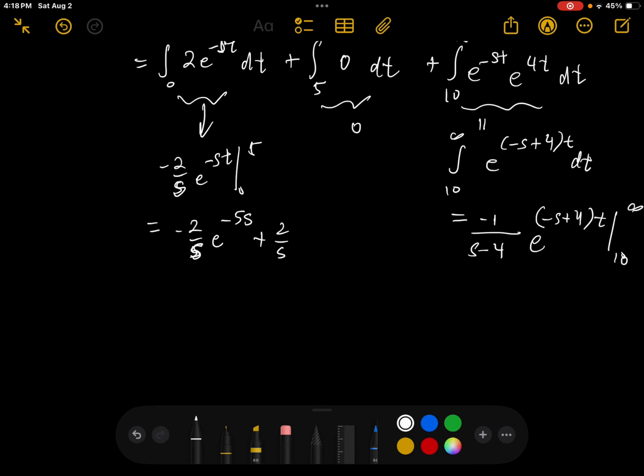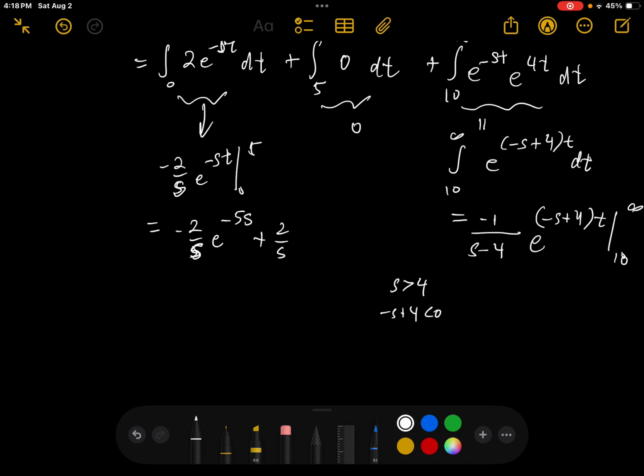And I'm going to skip the thing about the limit because at this point I think we can see what we're going to do. What happens to the top as capital N goes to infinity? Well, if s is greater than 4, then negative s plus 4 is negative.